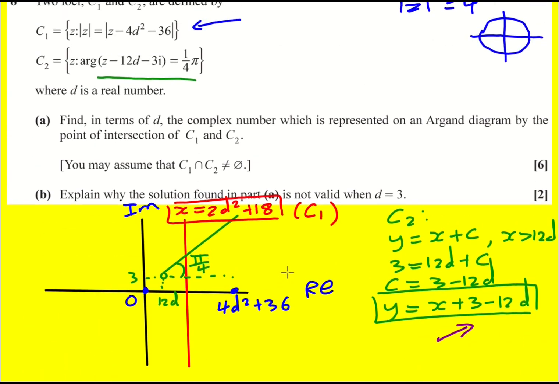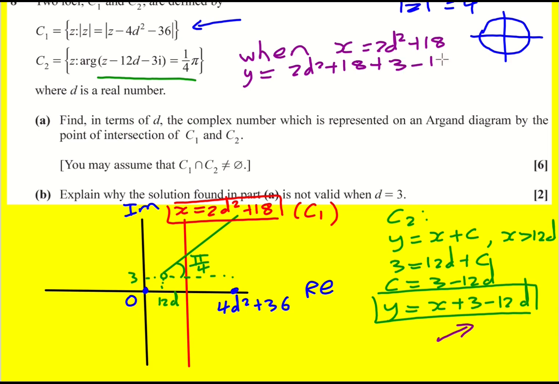We're actually nearly finished. So we're looking for where the two lines cross, and they've got to cross when x is equal to 2d squared plus 18. So y is just going to be 2d squared plus 18, then I'm going to add 3 and minus 12d.